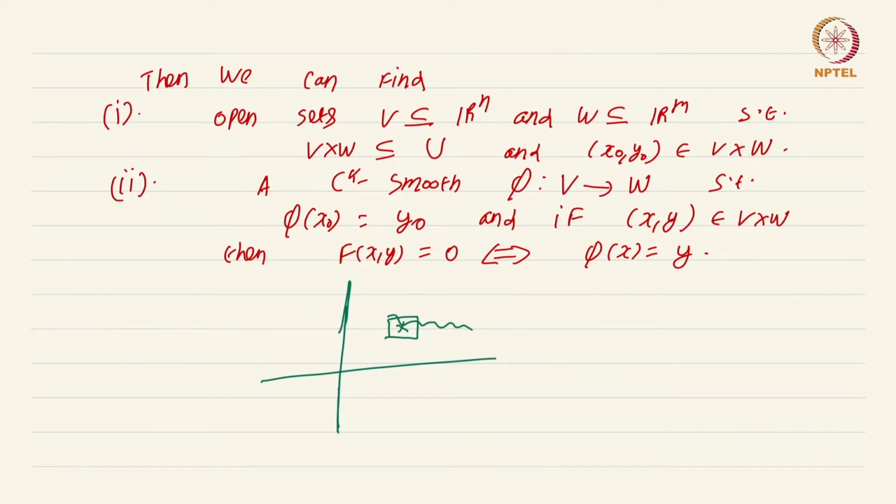So this may not be globally true. What can happen, for instance, is that this zero set turns back and comes back inside. So you may not be able to globally do this. There is no way to now write the zero set as a global function, but by shrinking this V cross W, we can still see that it's going to be a graph of CK smooth functions locally at least.